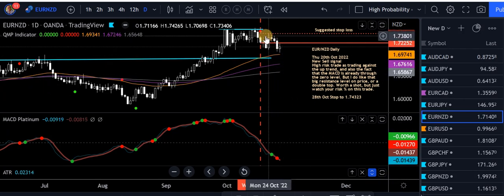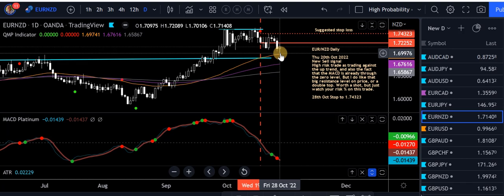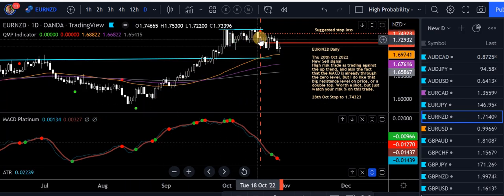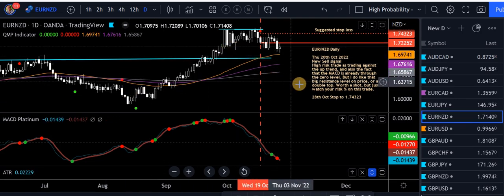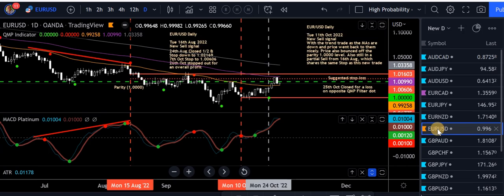Just dragged my stop down to this obvious little fractal here, the little obvious high. I really want to see if I can get it down to the moving average here, then I'll close out half or something like that. It's been a tough pair to trade. There's been some good moves, but it can be a bit tricky to trade sometimes, the Euro New Zealand.